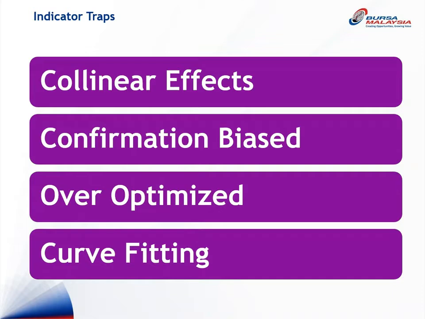Second, there are more traps, but these are important. Confirmation bias. You will always think that what you see is what actually happens, but most of the time, the things that you see may be tricked by your mind. It may not be what really happened. That means you can see people selling the stocks, and you start feeling like a lot of people are selling, so should I sell the stock as well?